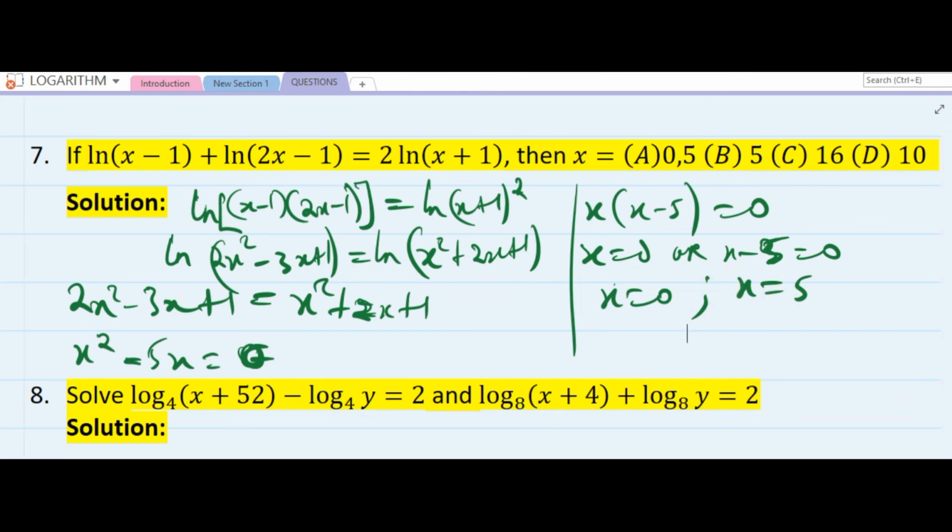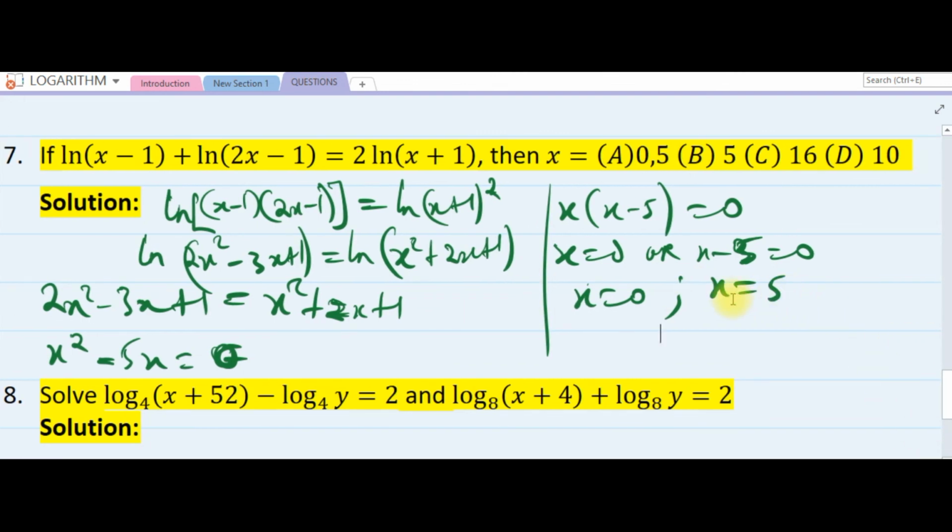But you need to be careful here. Some students will make a mistake by choosing A. No. We need to check the formal definition of logarithm. I told you that the log of any number must be a positive number, a number greater than 0. So if you substitute x as 0 here, this is off.